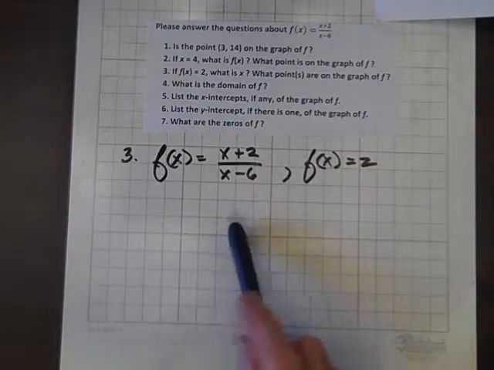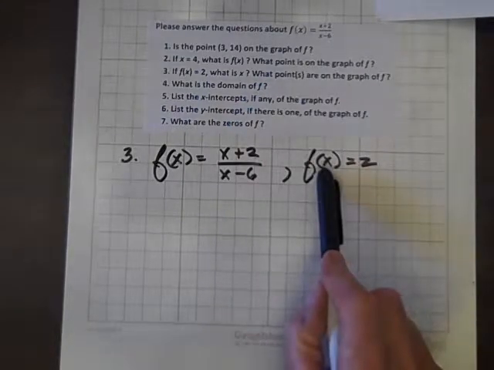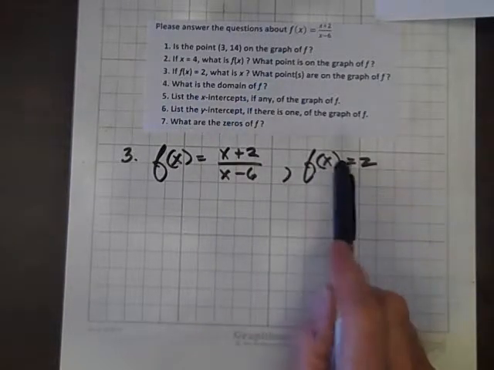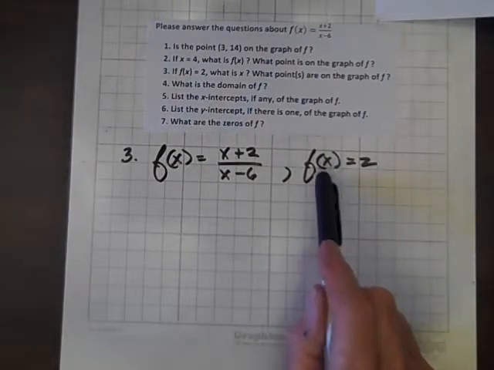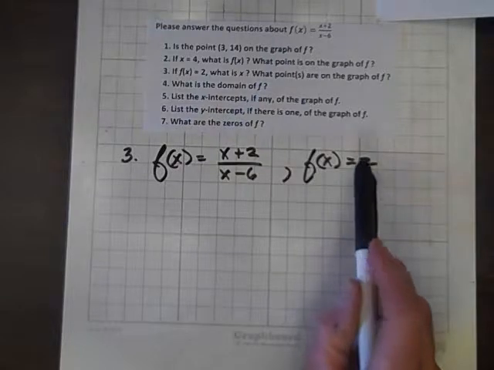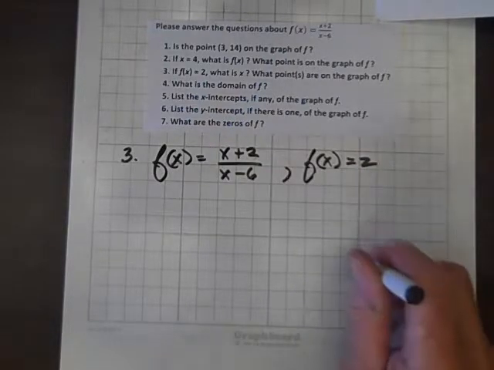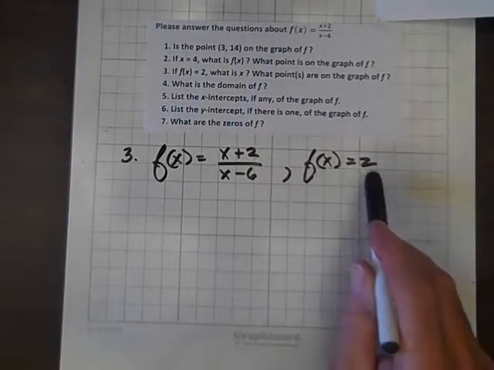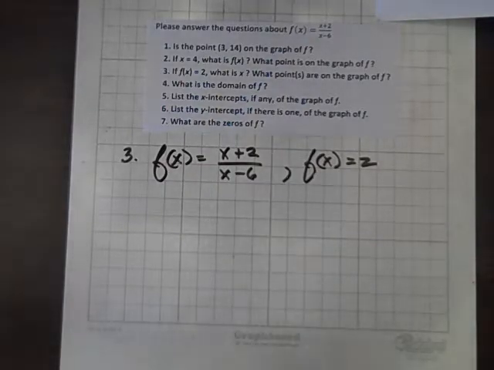Now for question 3, we're asked to determine what value of x will return a value for f of x of 2. And we're also asked to indicate the corresponding point on the graph.